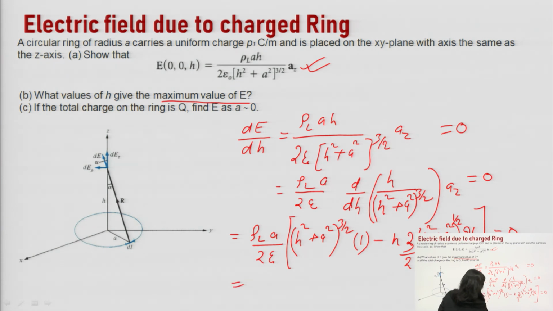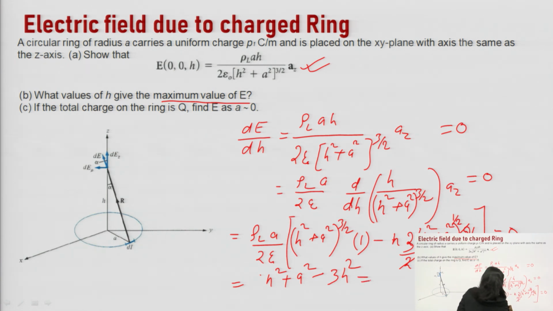After simplifying it, we will get h square plus A square, this 2 and 2 will cancel out, minus 3h square; here one h is there and one h is here, 2 and 2 have been cancelled out.